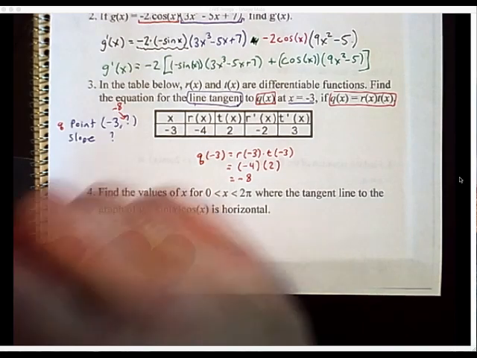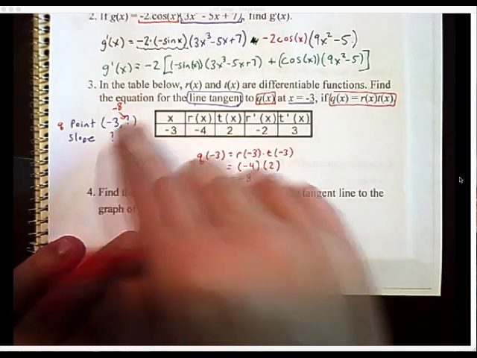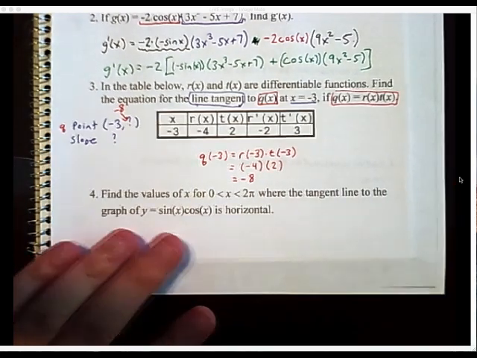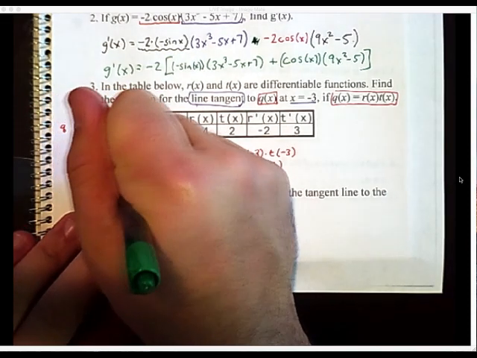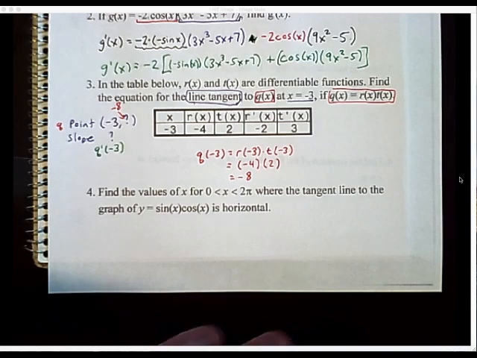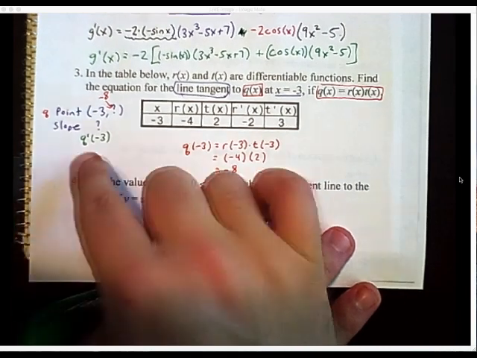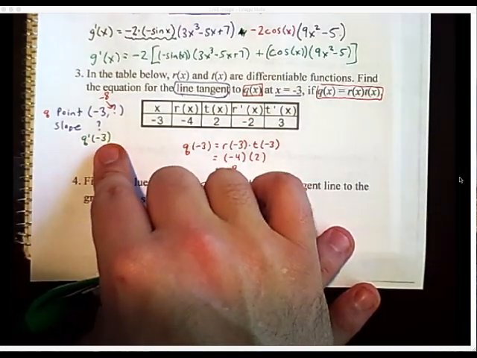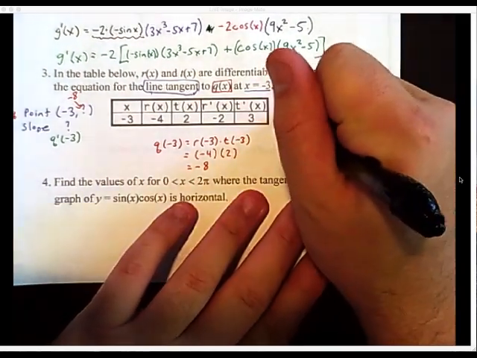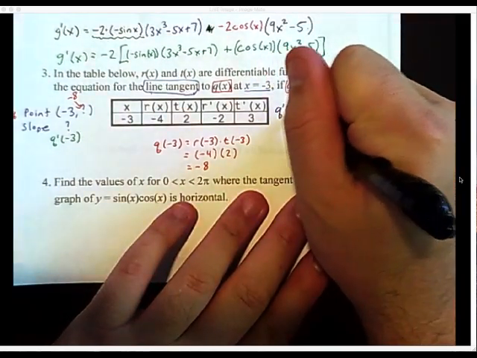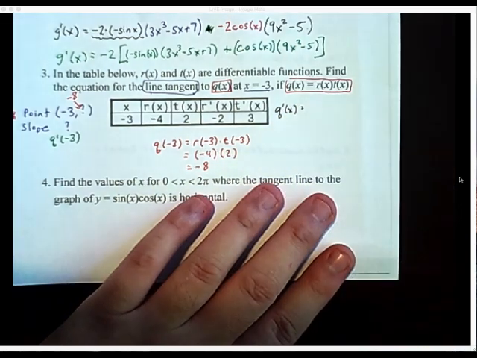Now I need to find the slope. Well, what's the slope going to be equal to? It's going to be equal to the derivative of q evaluated at -3. But before I can find q prime of -3, I have to figure out what q prime of x equals. So I have to use my rules.